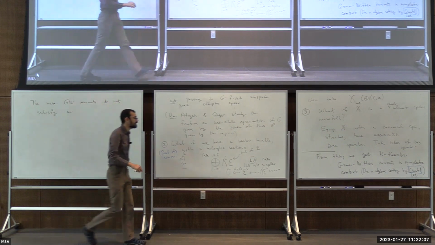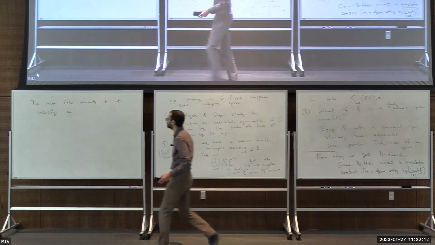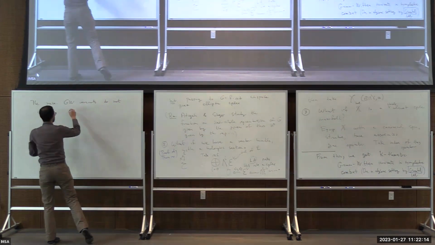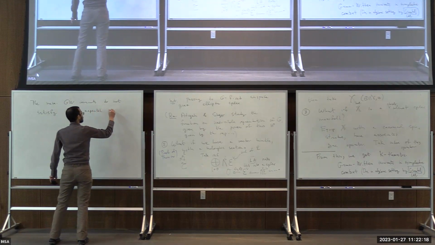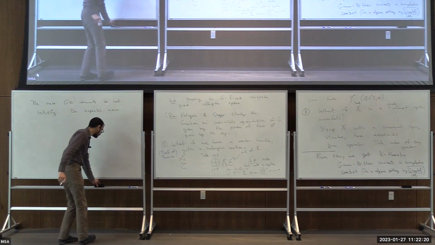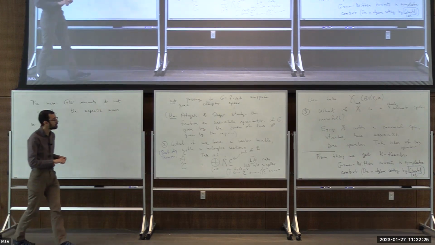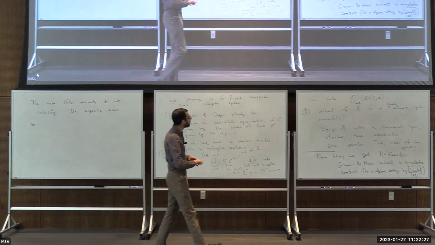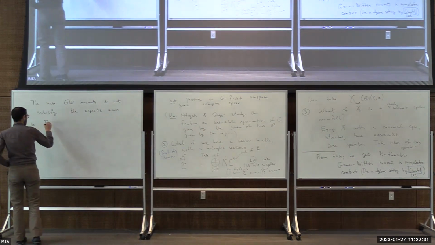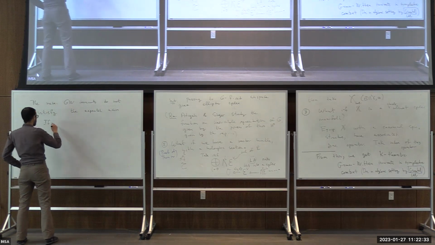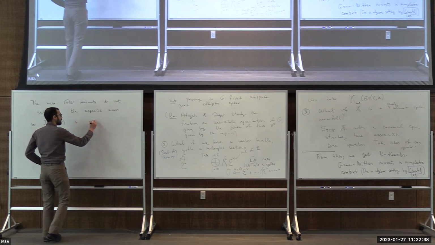Well, let me just take the expected axioms. In particular, let me do the first one. So I'm going to assume that M is a closed symplectic manifold.